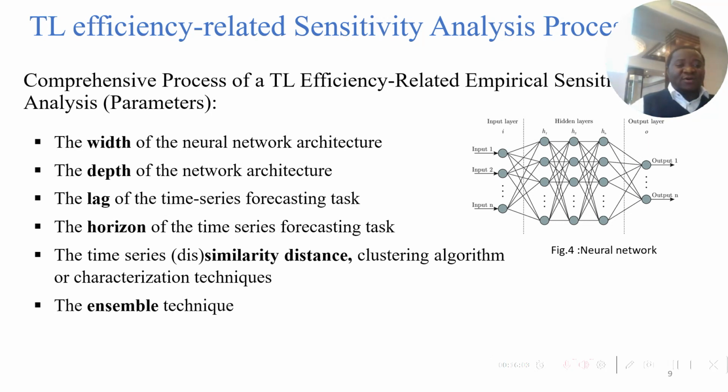And also what we refer to here is the similarity distance or time series characterization, or how similar or dissimilar the data that you consider as source data and the data that you consider as target data are. So that can also impact the transfer learning for time series forecasting.